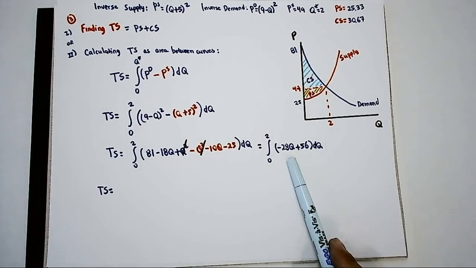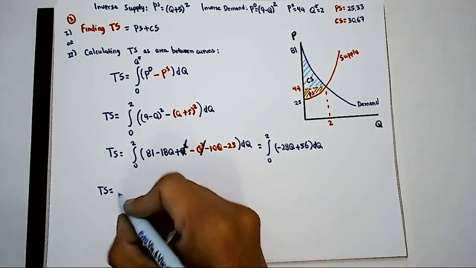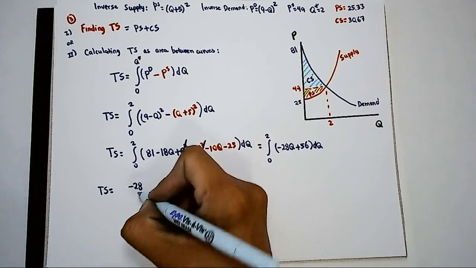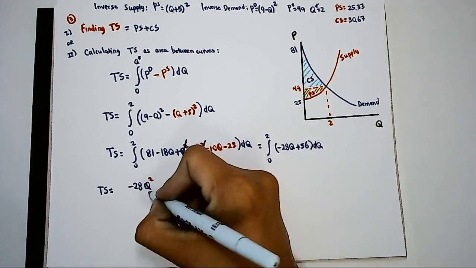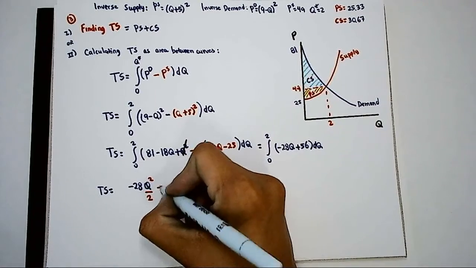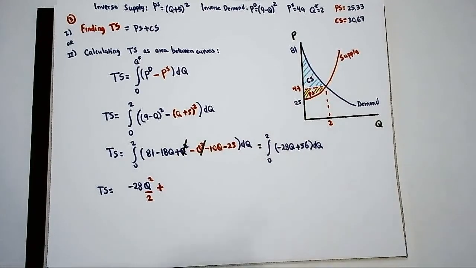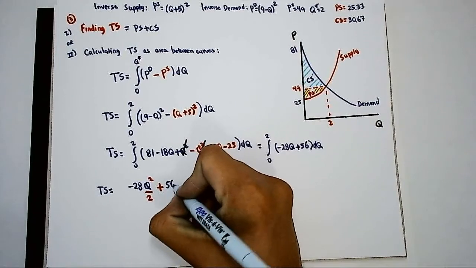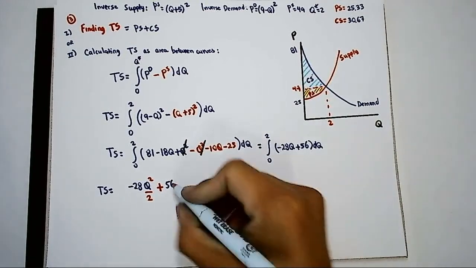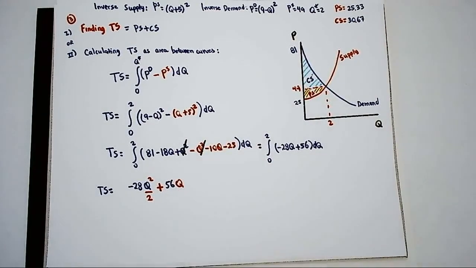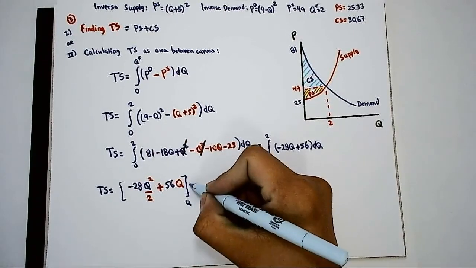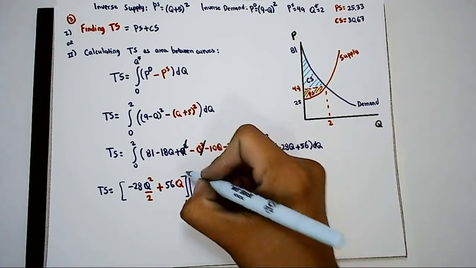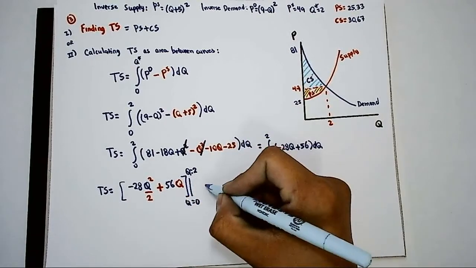The integral of minus 28Q is minus 28Q squared divided by 2, plus the integral of the constant 56 is 56Q, from Q equals 0 to Q equals 2.